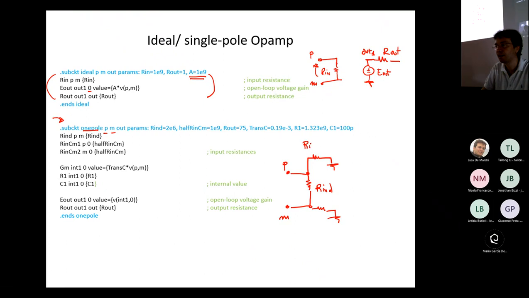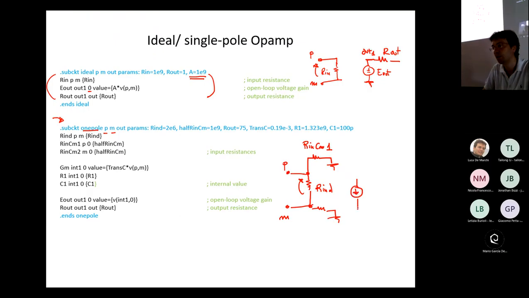This is input resistance common mode 1, and this is input resistance common mode 2. Then the voltage drop between node plus and minus is used to control a transconductive effect.